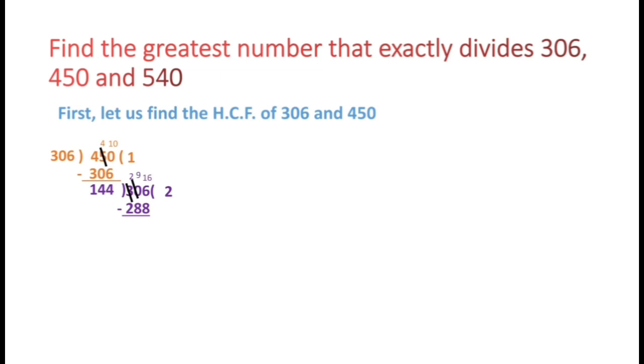To get the borrow for 6, 10 will become 9. So 16 minus 8, 8. 9 minus 8, 1. 2 minus 2, 0. We get the remainder as 18.